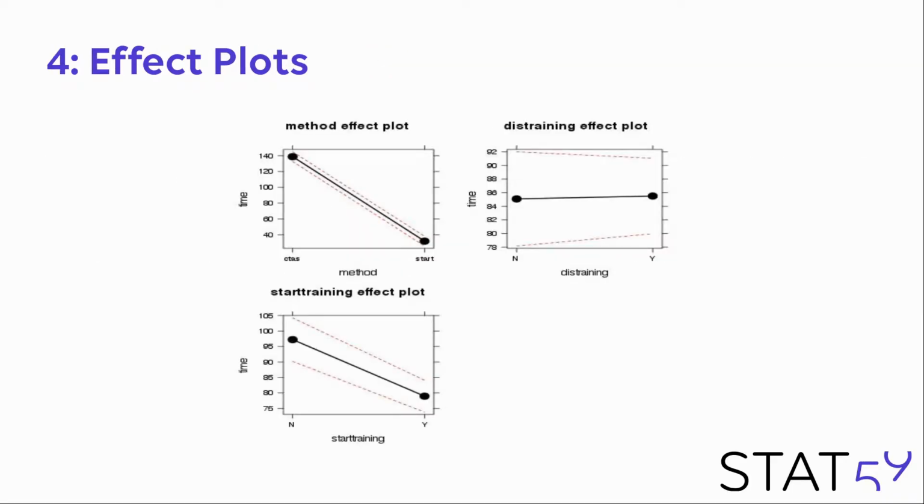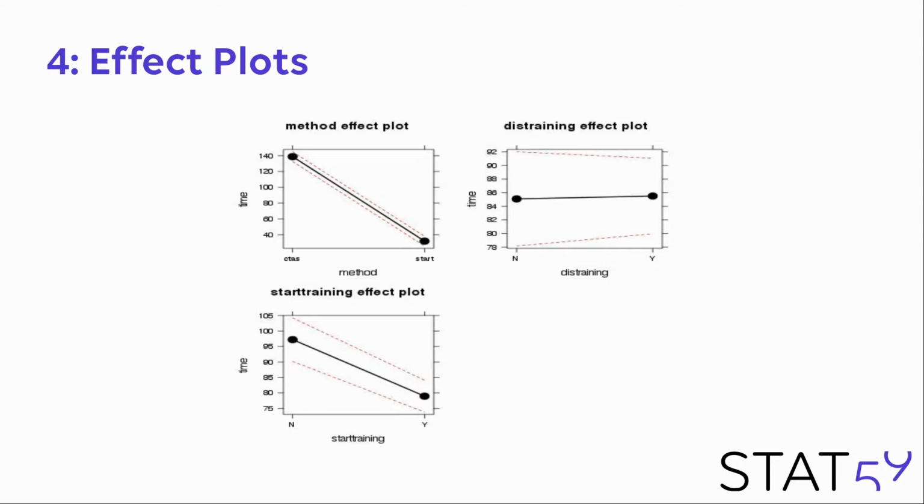One of the simple ways to do this is effect plots. And effect plots can be very easy to make. So here we see three different plots. In the first plot, we have the method effect plot. So we can plot the average time to triage a patient using the CTAS method versus the START method.